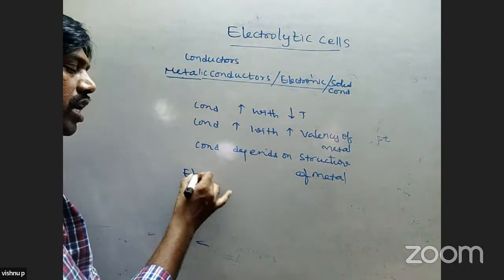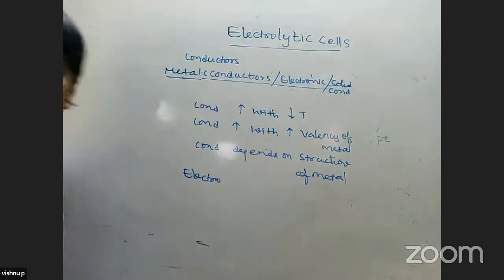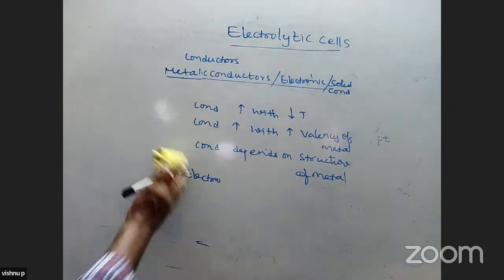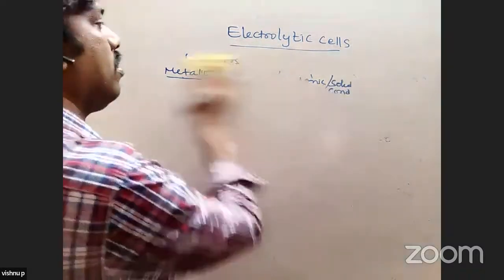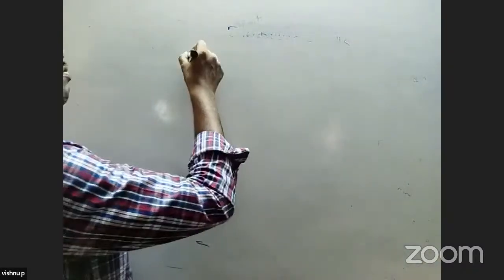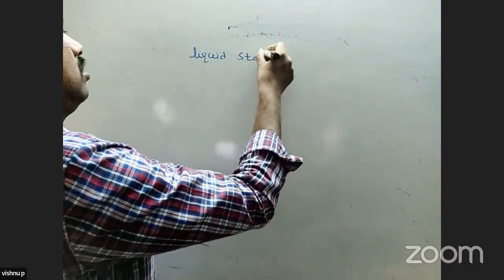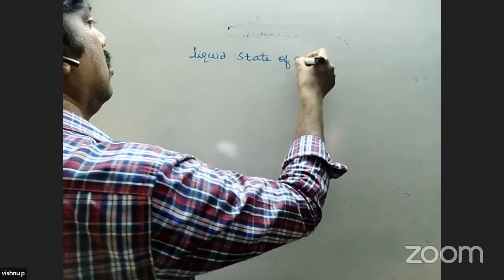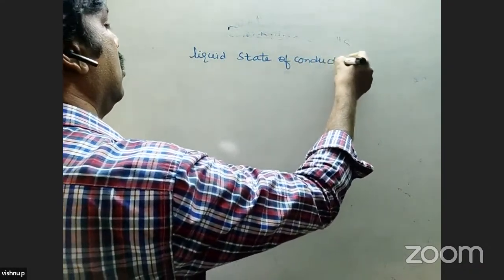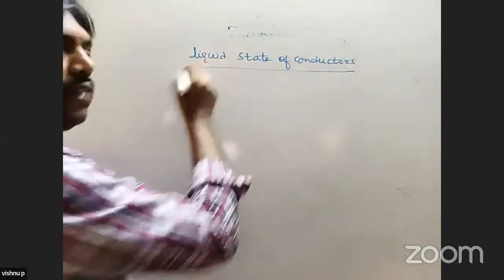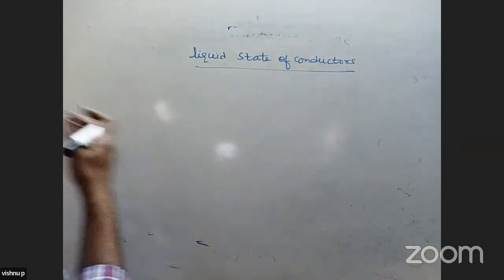Liquid state conductors are called electrolytes.